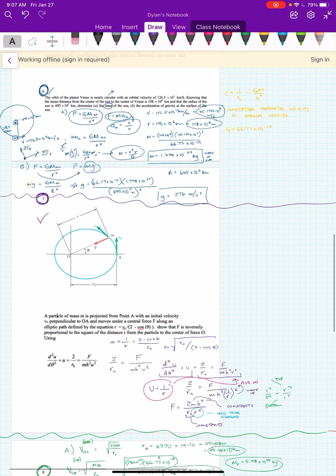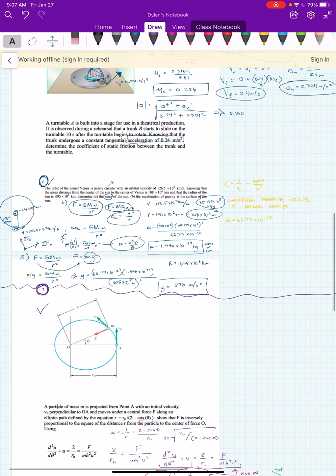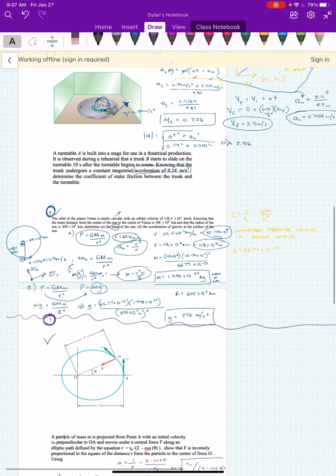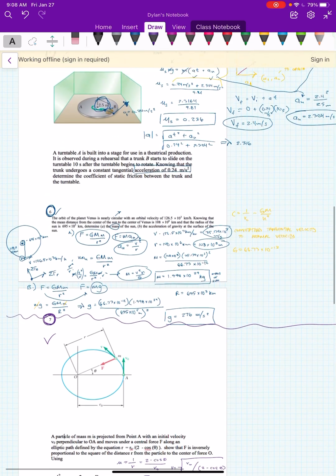Oh, wait, am I thinking of the wrong one? Nope, that's correct. According to Venus, oh, I was looking at the wrong diagram.